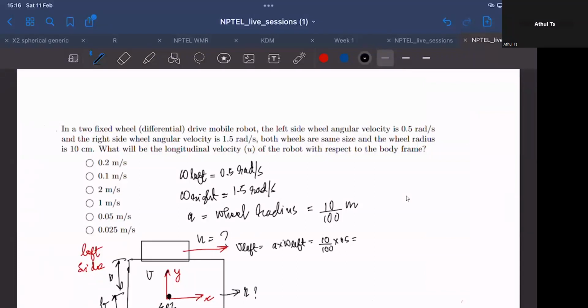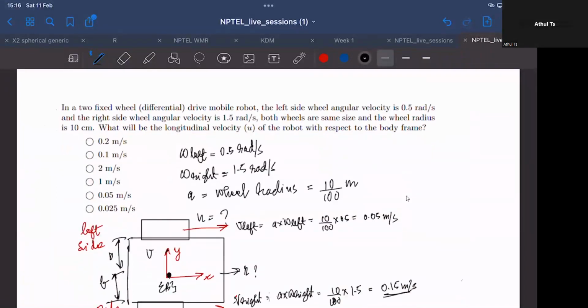So V left would be 0.05 meters per second, and V right would be A times omega right. This would be 10 by 100 times 0.15. This would be 0.15 meters per second. Sorry, it's 1.5, right?